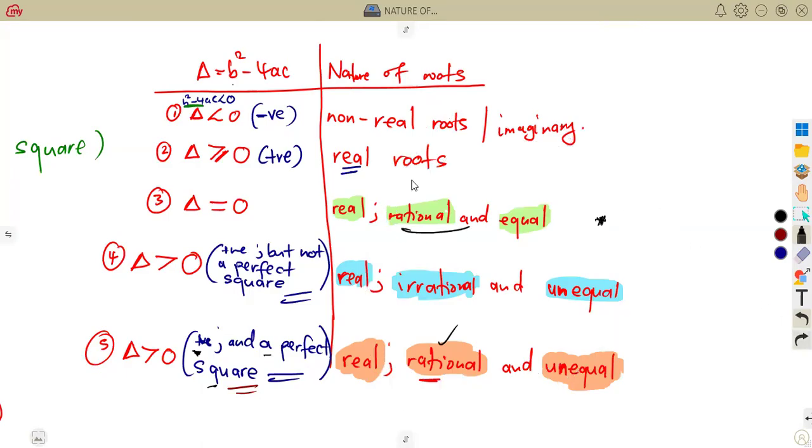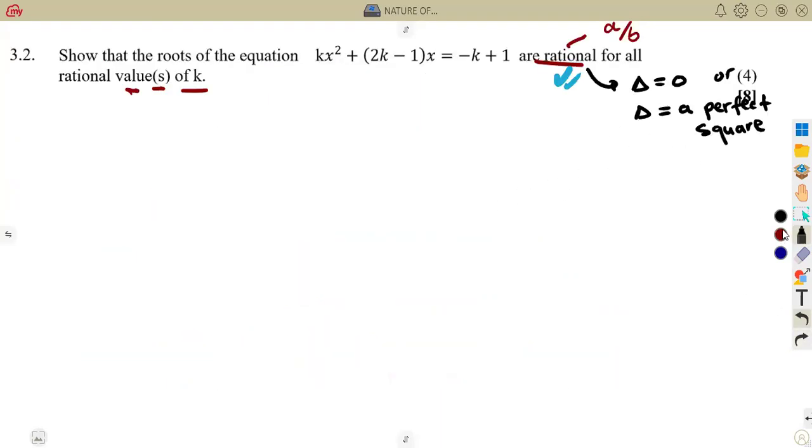So if you can prove any of these two, because this is a question that you're given, we're going to see from there. Is it going to be equal to 0, or is it going to be a perfect square? If it satisfies one of these, therefore, these roots are rational for all values of k.